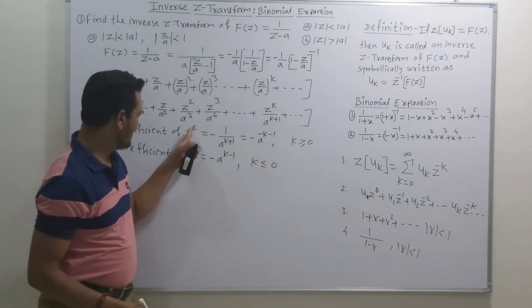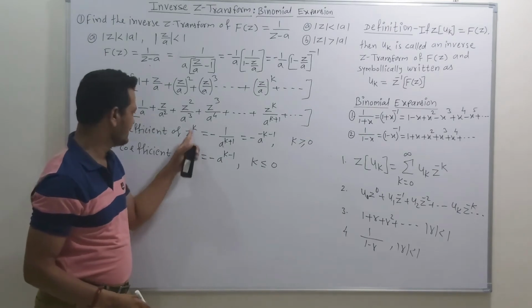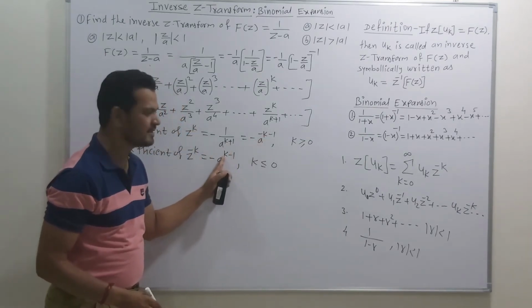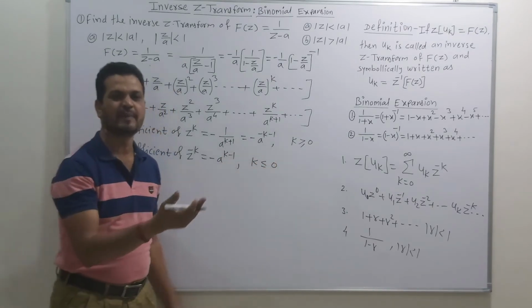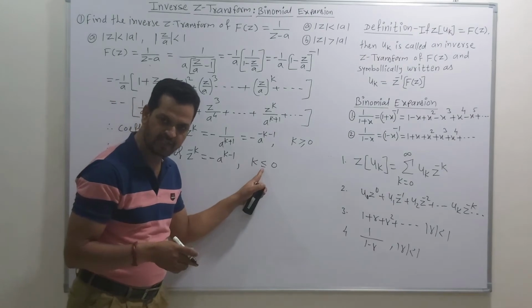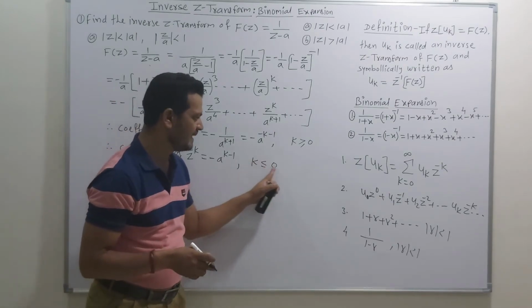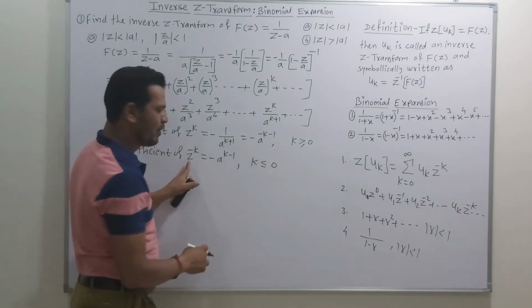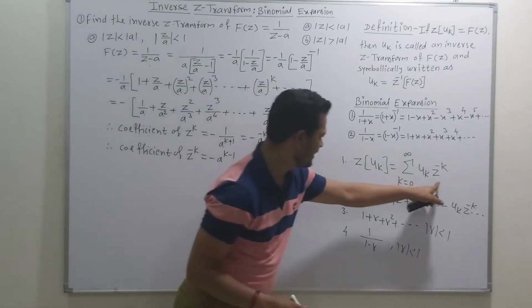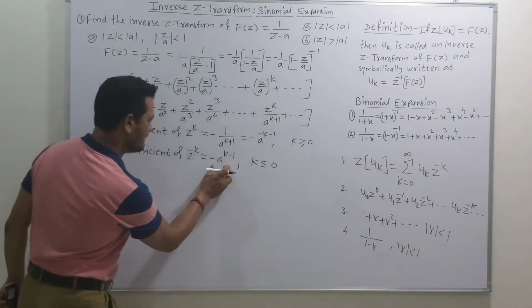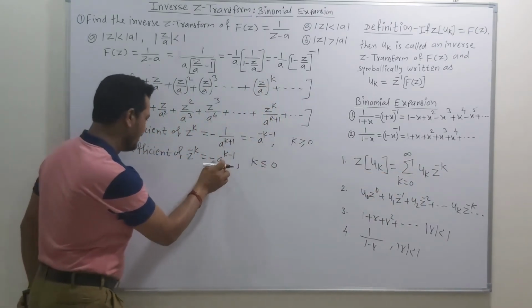Here we replace k by minus k, so this minus k becomes plus k, and when we multiply any inequality by a minus sign, the inequality sign gets changed. So minus k indicates that k is less than or equal to 0. This is the value of the coefficient of z raised to minus k, that means we get the value of the sequence uk.